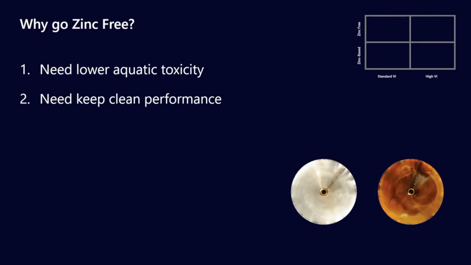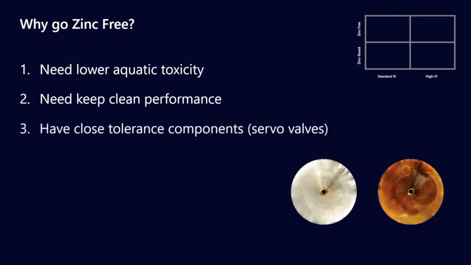Now, the detergent is also going to do some of that work, but not having zinc in the initial formulation is really going to assist the lubricant in maintaining that clean performance. If you've got close tolerance components like servo valves, then obviously having any kind of varnish or sludge in the system is going to make them prone to sticking. So again, that's a driver to go zinc-free.